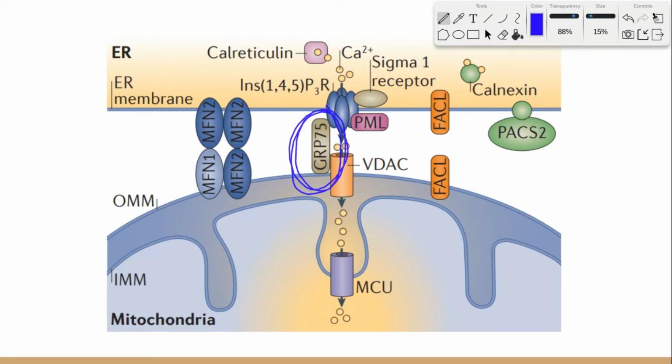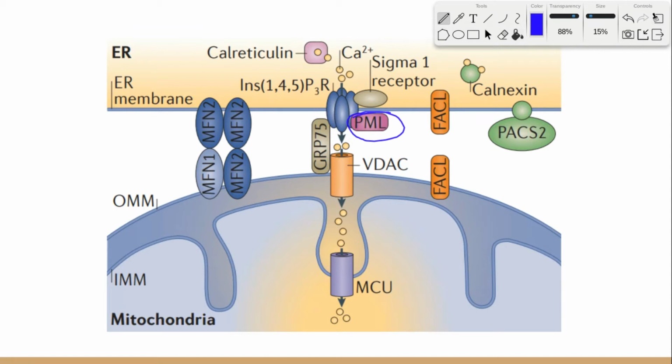Another important player at these MAMs is the PML protein. You might recognize this protein as a critical tumor suppressor protein that, when lost, can promote the development of promyelocytic leukemia, which is why the protein's named PML, for promyelocytic leukemia.